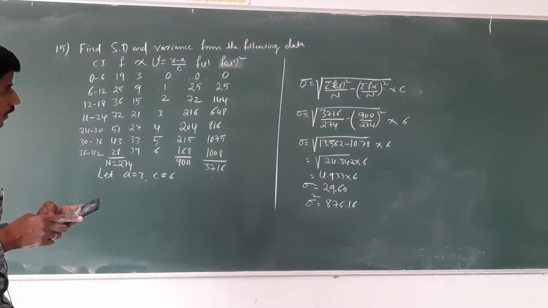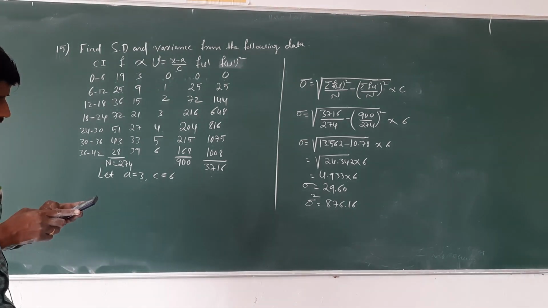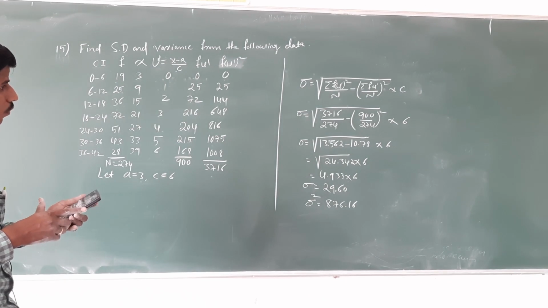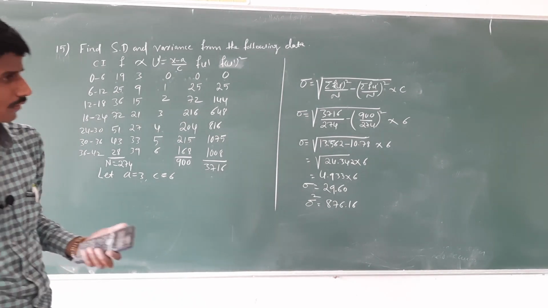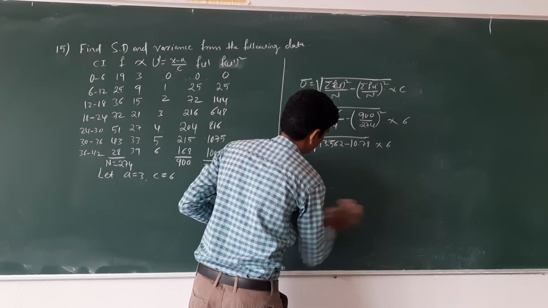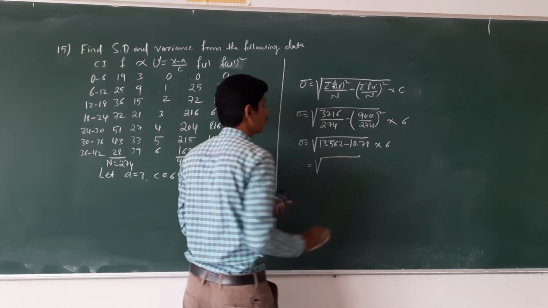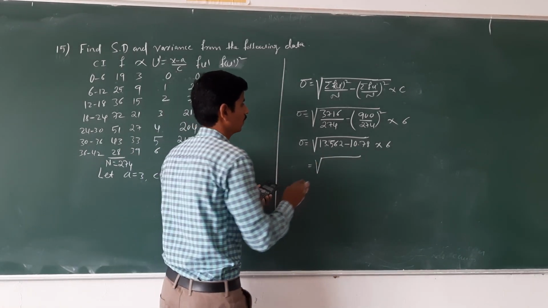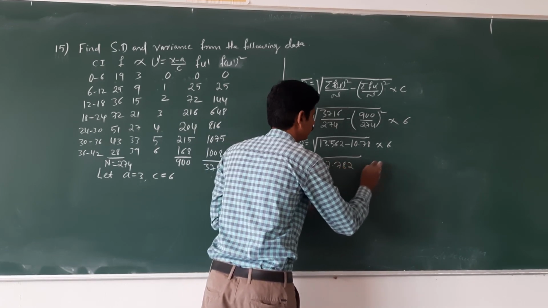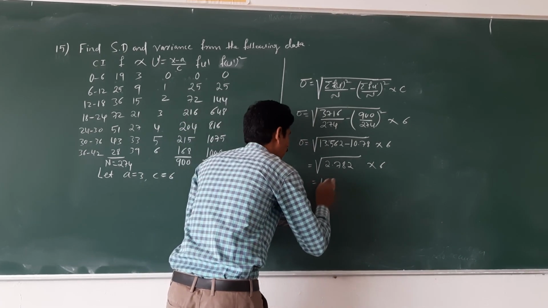The next, 13.56 minus 10.78 is 2.78. Sorry, some mistake. Here 13.56 minus 10.78 is 2.78, into 6. Under root is 1.66.